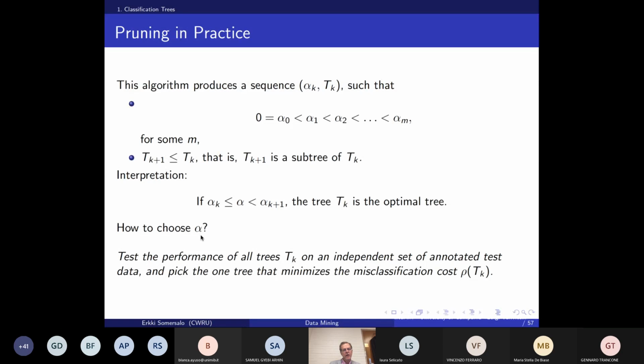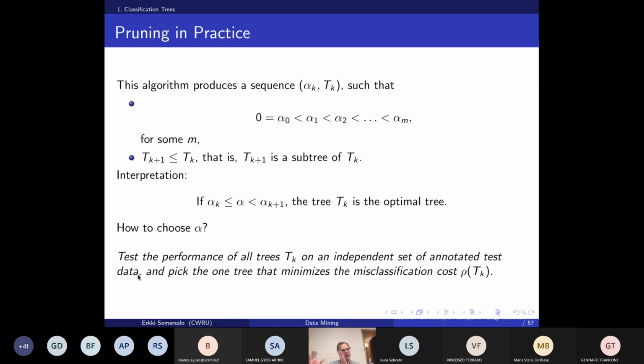So now the question is, nobody told me yet how to choose this alpha. So what alpha should I use to choose the cost complexity function? And so here's a practical rule. You test the performance of these discrete trees with an independent set of annotated test data.